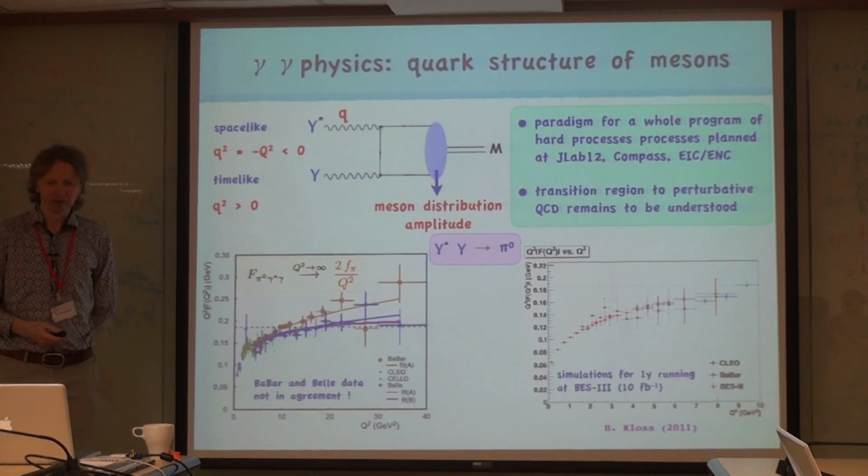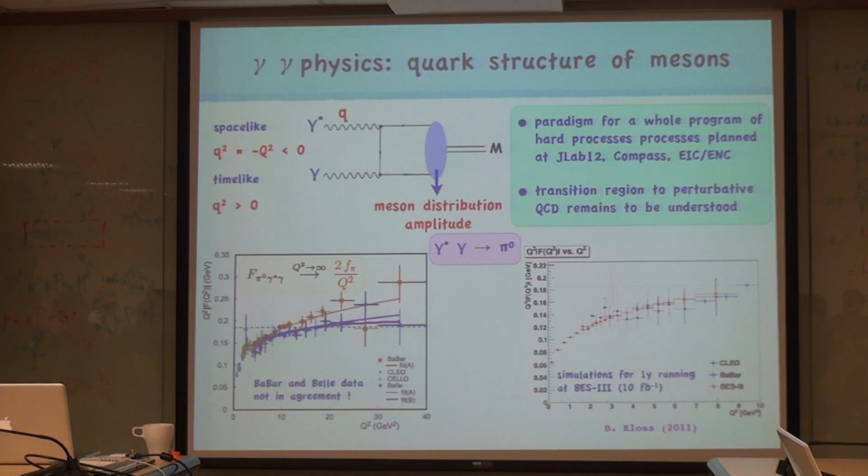Let me give you an idea of what the status is here, and also which kind of physics one is accessing. So basically the simplest process, a fusion of two photons, how to understand it in QCD, is through a so-called handbag diagram. So two photons give rise to a quark-antiquark, to such a diagram.